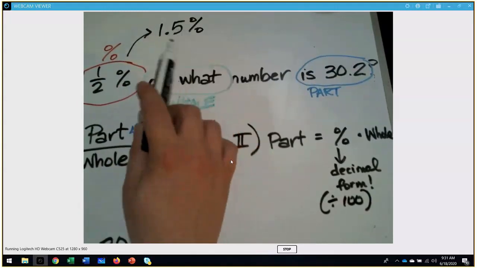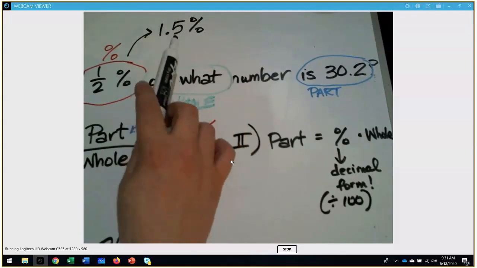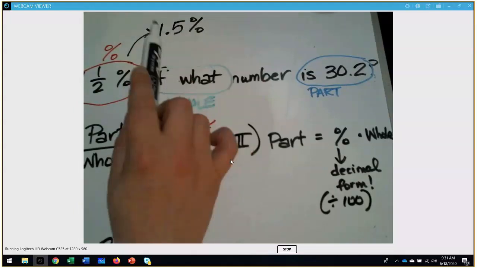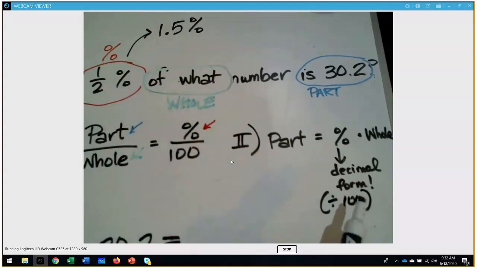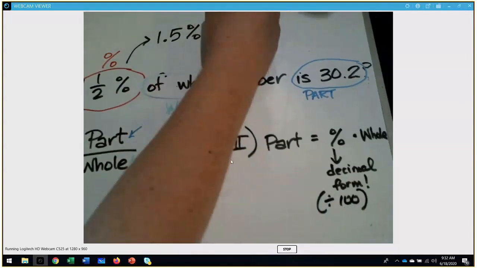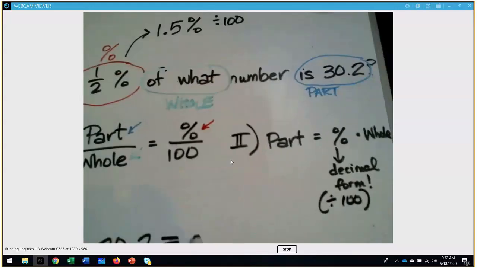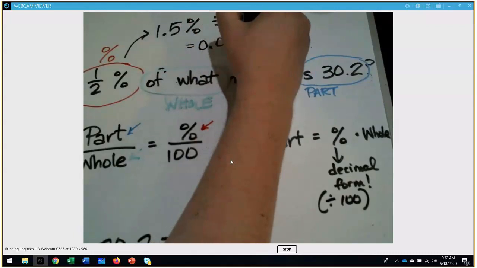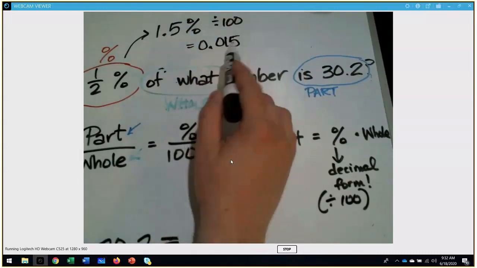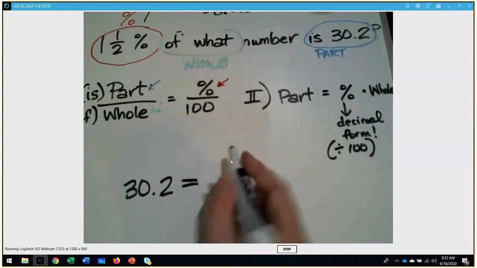I erased it, but we changed it to 1.5. If I want to get it in decimal form, I have to divide it by 100. That's going to move my decimal over 2 places to the left. So there's my decimal form of the percent. That's what gets plugged in right here.